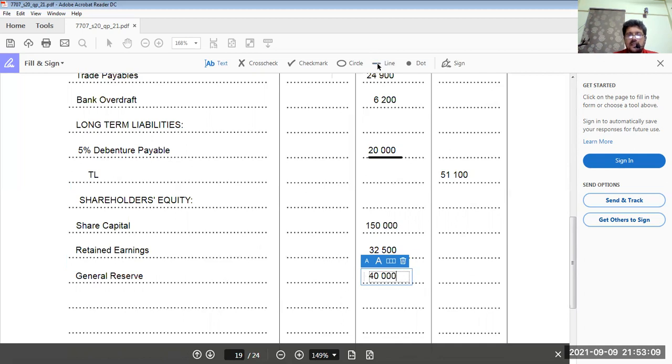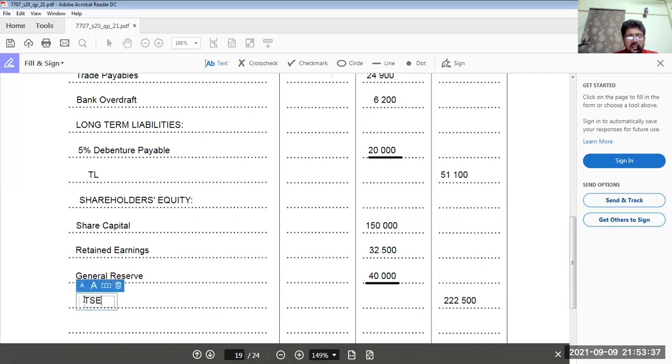Done. The total of shareholders equity has only three items: 1,50,000 plus 32,500 plus 40,000. The answer is 222,500.